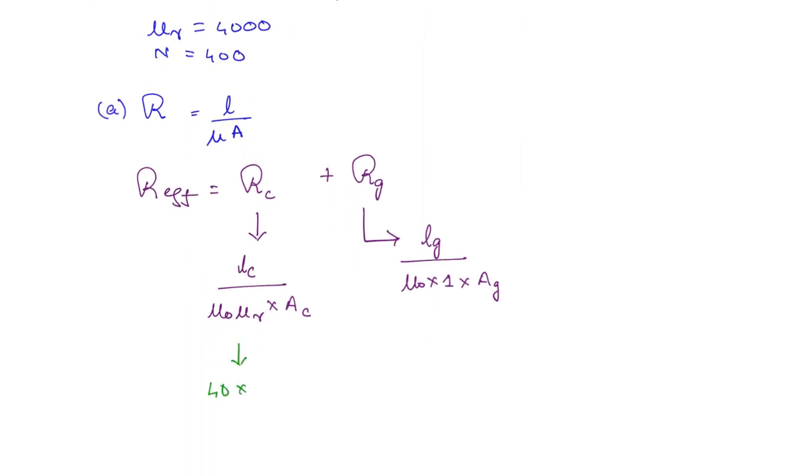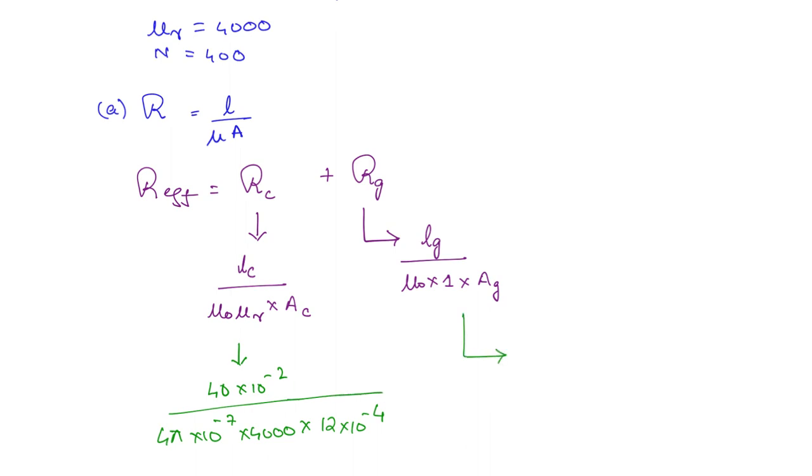40 centimeters, so 40 into 10 to the power minus 2 divided by 4 pi into 10 to the power minus 7 into 4000 into 12 into 10 to the power minus 4, because it is centimeters squared.